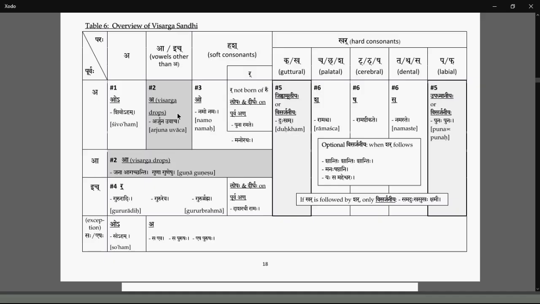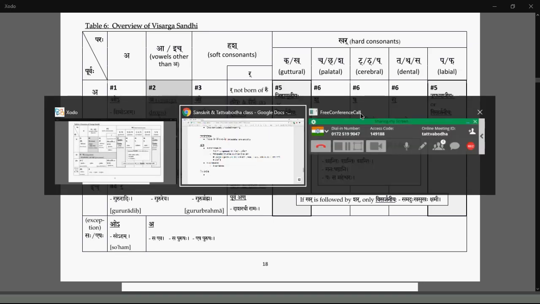In this book there are some examples given, and the rule itself takes its name as an aid to help us in our memory. So we call it Shivoham sandhi, for example. Shivaha aham.